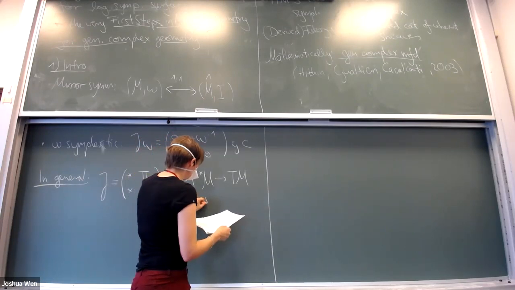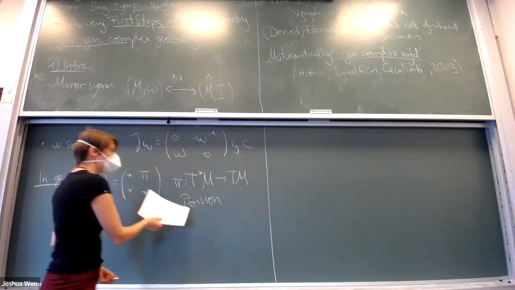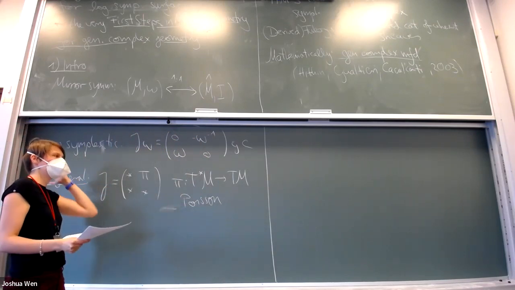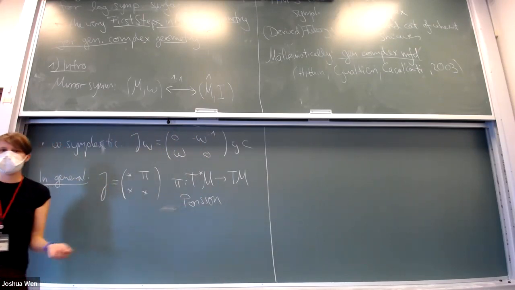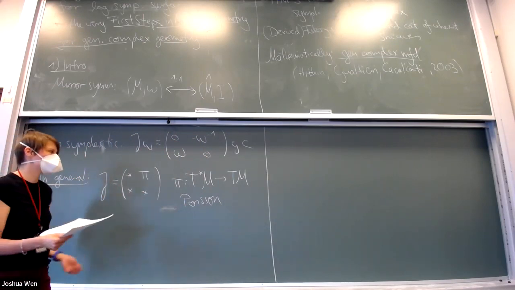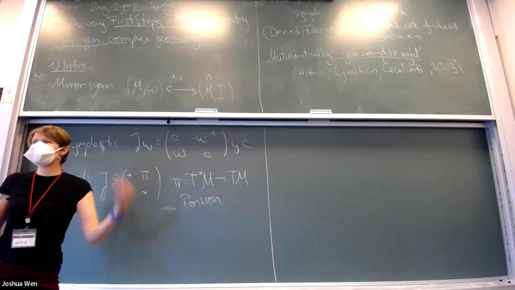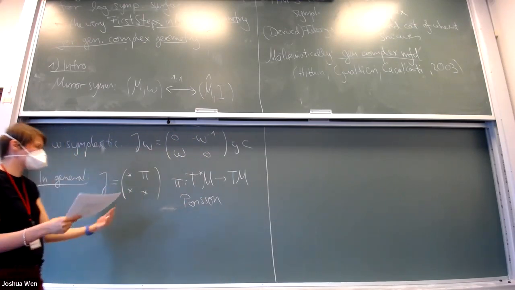So the Poisson bivector, i.e. it is antisymmetric, and it induces a Poisson bracket on the functions so that those satisfy the Jacobi identity. So in that sense, generalized complex structures are basically a subset of Poisson structures together with extra data.